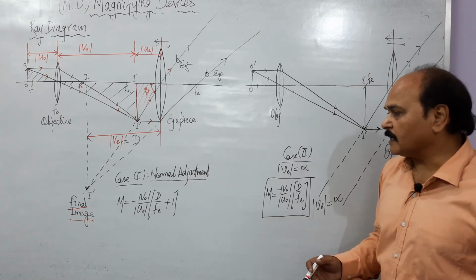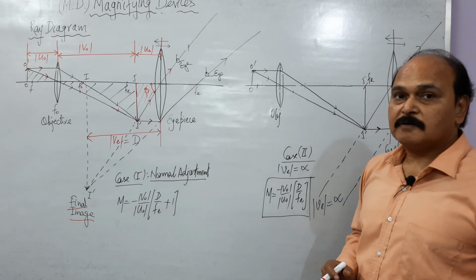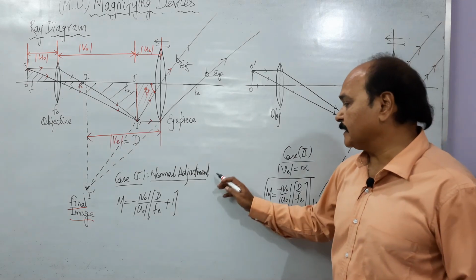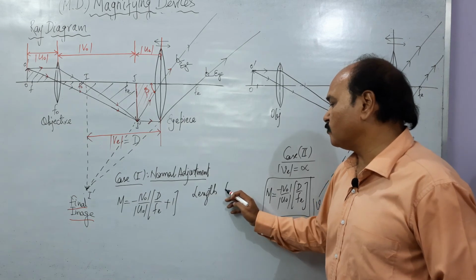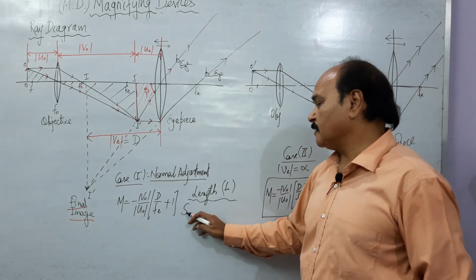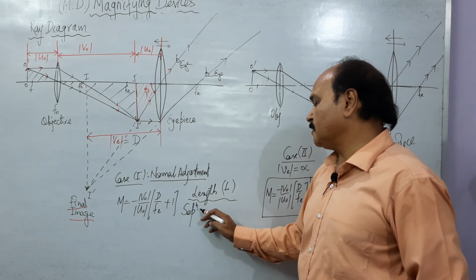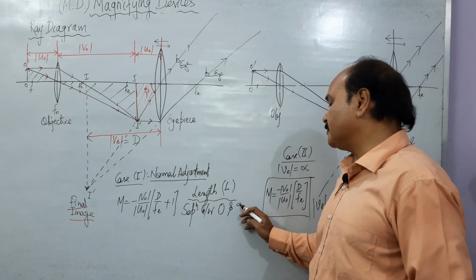Now children, let us understand what the length of a microscope is. The length L, very important. The length L of the microscope is nothing but the separation between the objective and the eyepiece.